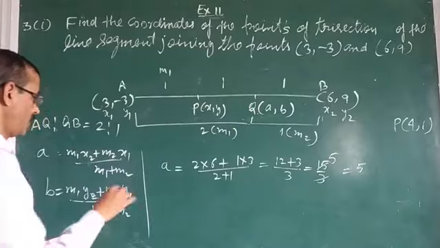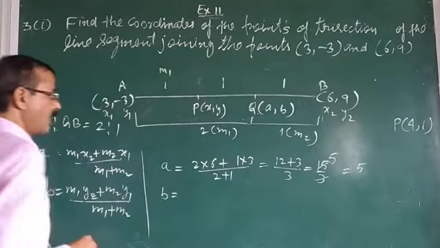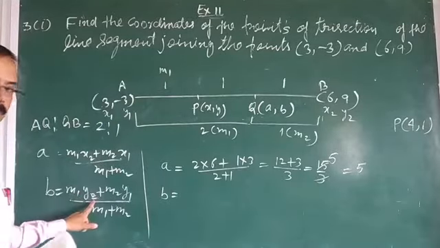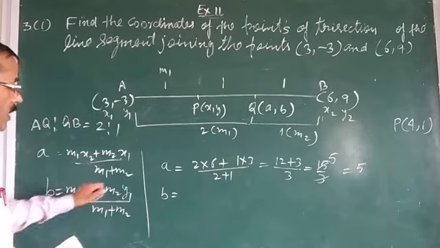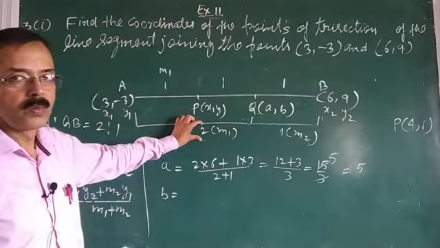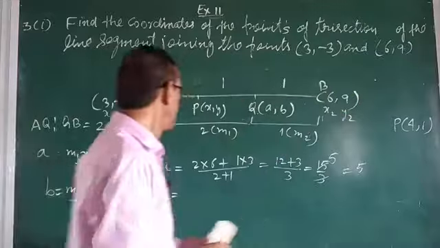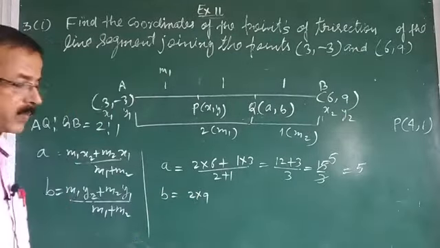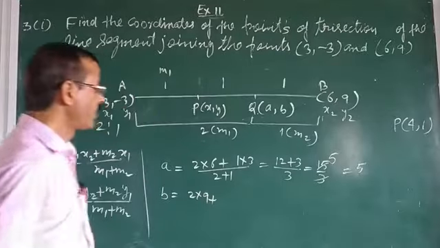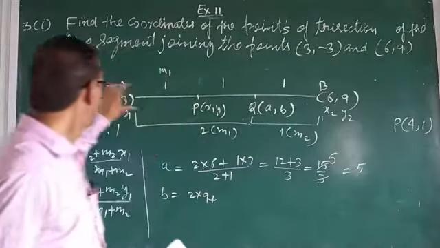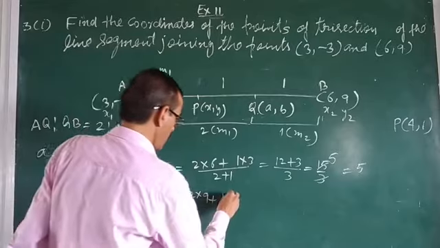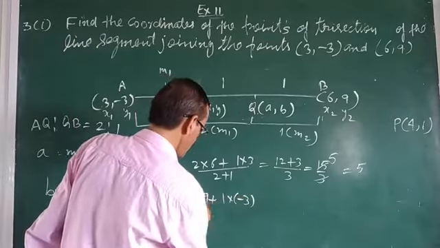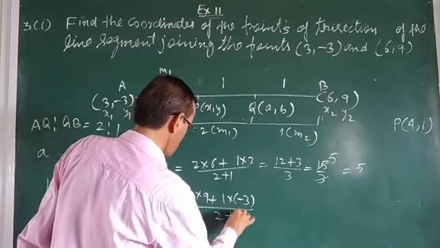Now check for b: m1 y2 is 2 into 9, plus m2 y1 is 1 into minus 3, upon m1 plus m2.